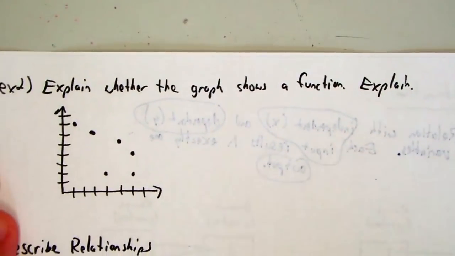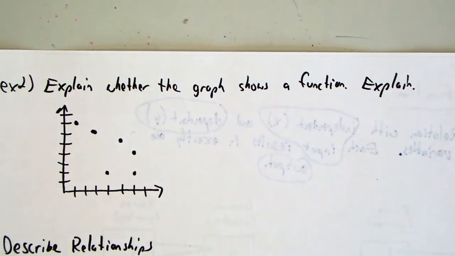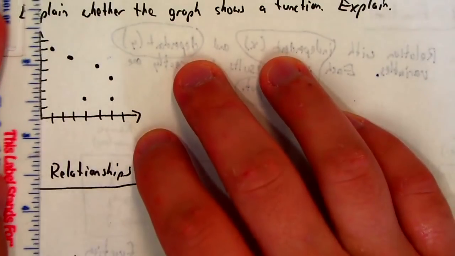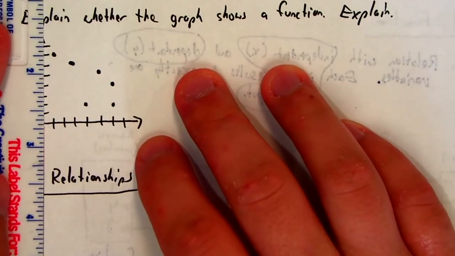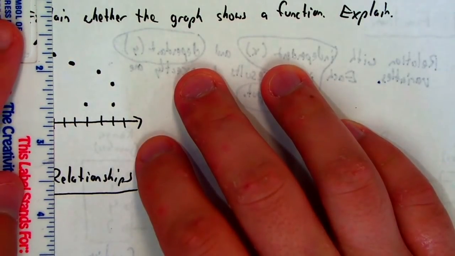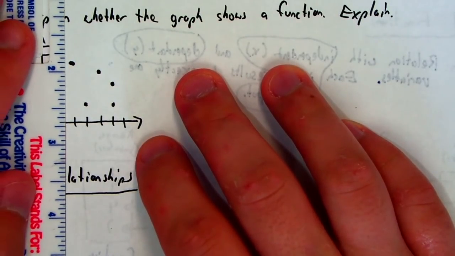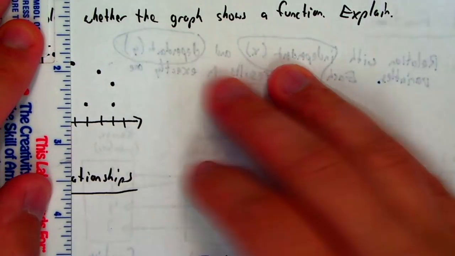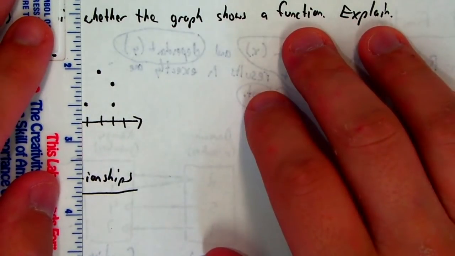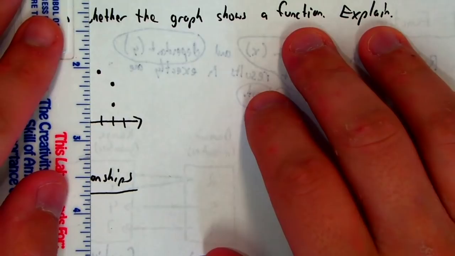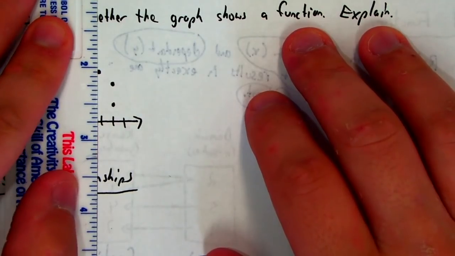So let's go ahead and start looking at an example dealing with this. Explain whether the graph shows a function, and explain. I'm going to use a ruler because a ruler is very thin and straight. So starting from the left here. Here, only one dot intersects. Moving along, same thing, only one is touching.